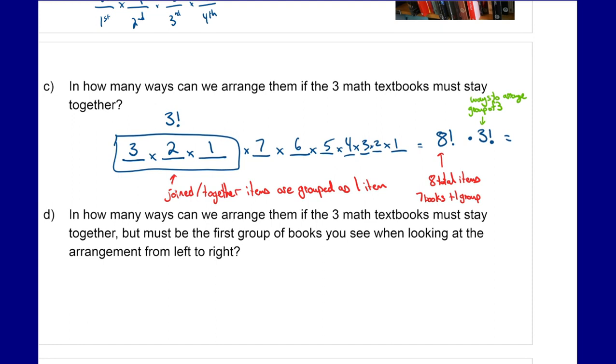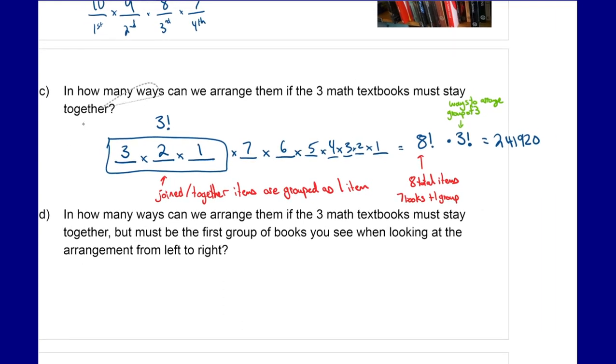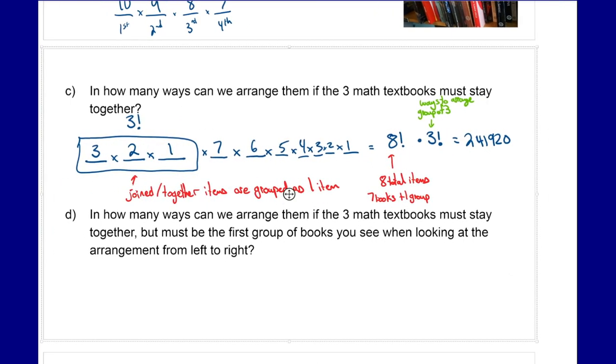So 8 factorial times 3 factorial gives me 241,920. That is how many ways I can arrange these textbooks if the 3 math books have to stay together.